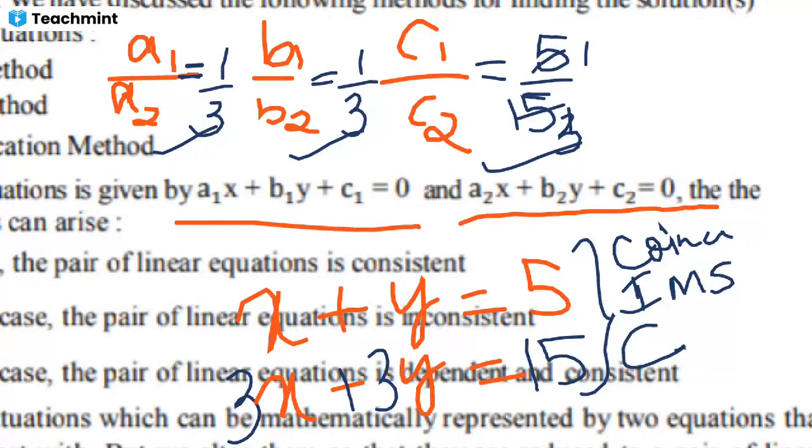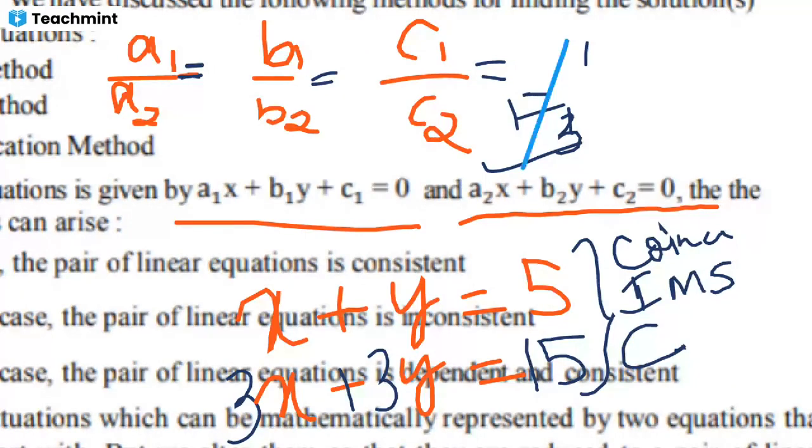This is about the second ratio that we have, that is coinciding lines. They have infinitely many solutions and these two equations are consistent. Understood now? When you are checking the symbols, you should be able to observe that clearly. Then next one, we'll see with the next ratios.